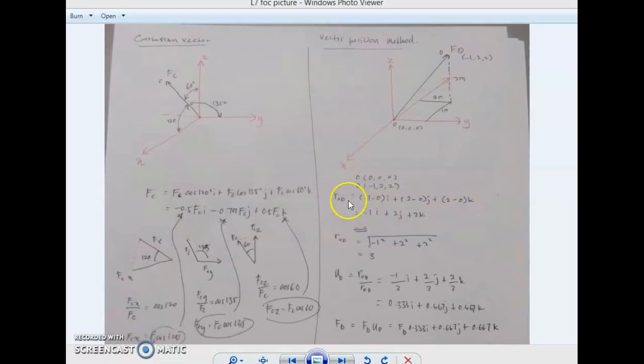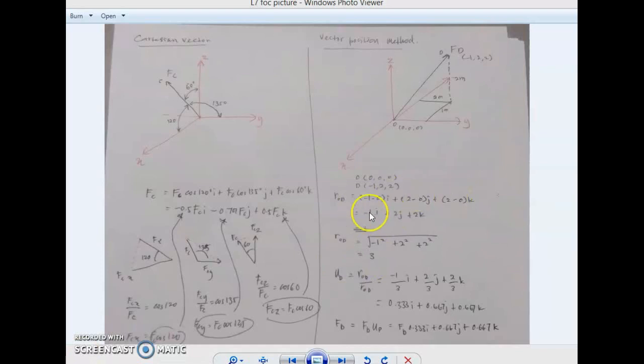So your ROD in Cartesian vector form will become like this. To change it into magnitude, just square each of the components, sum them and take the square root, and the result is 3.